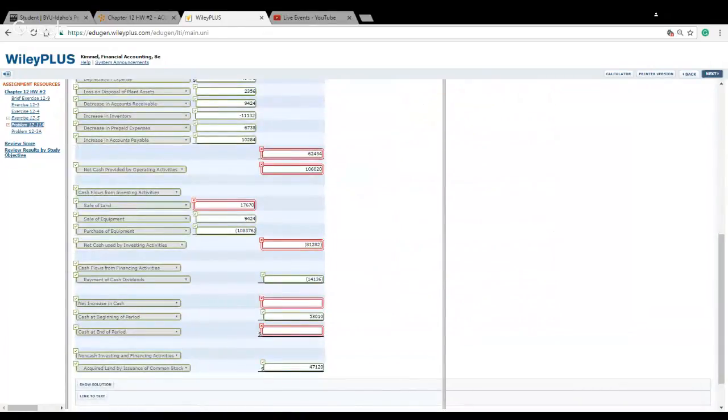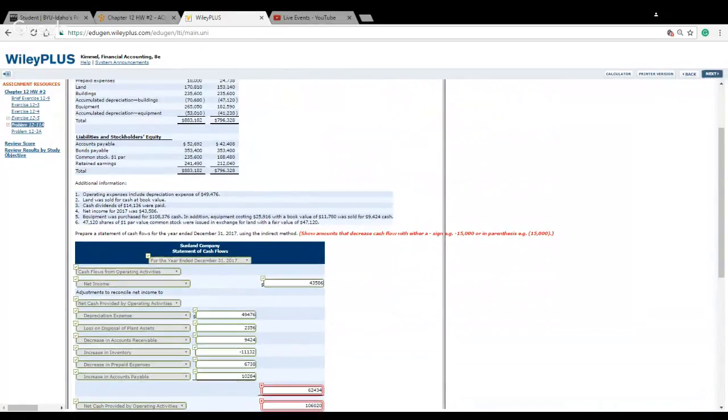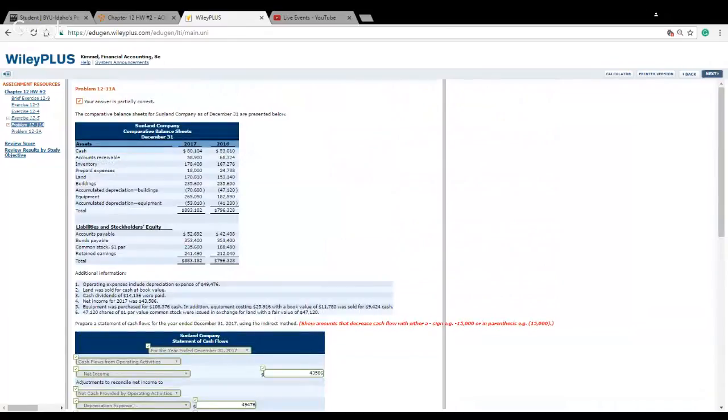Then this is where I really got stumped trying to figure out the sale of land. So what I had to do to figure out the correct sale of land is I had to look here. So I had that 47,120. And then I would have added that to 153,140. And then after that, I would subtract the 170,810.